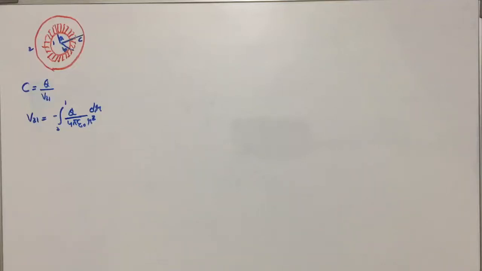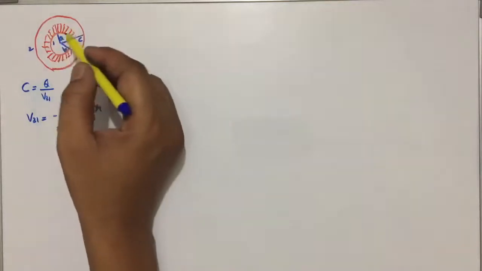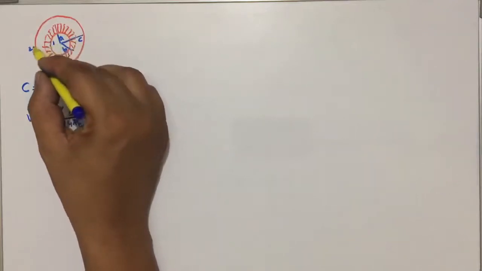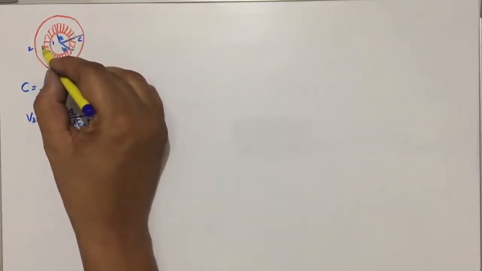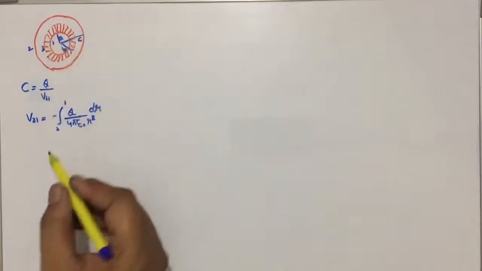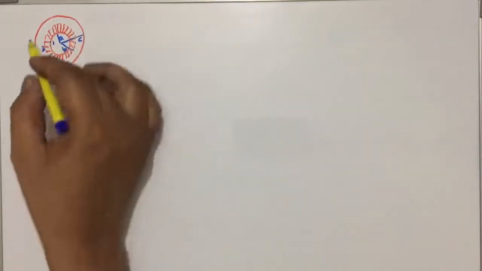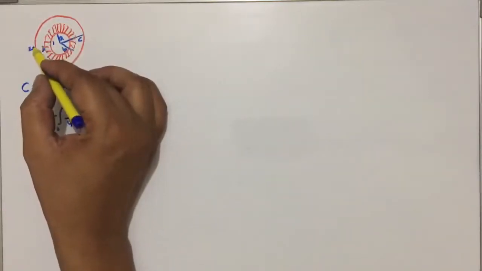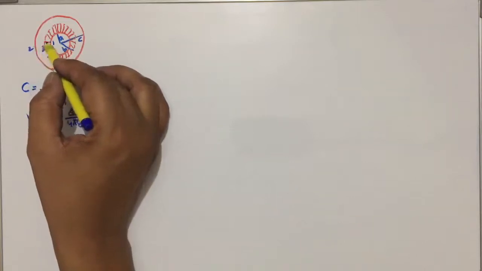For the time being, this is 1, this is 2, and consider this surface as 3. To reach from 2 to 1, first we have to reach from 2 to 3, then from 3 to 1.